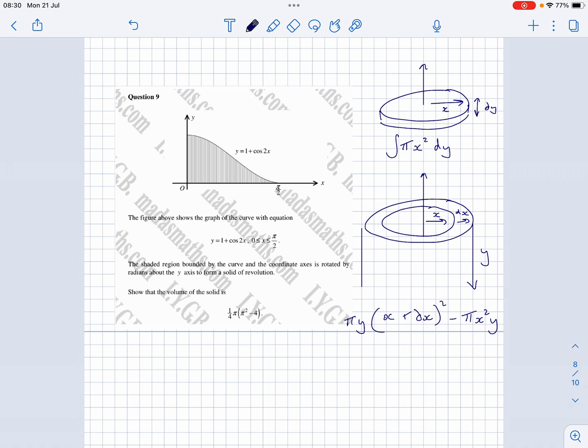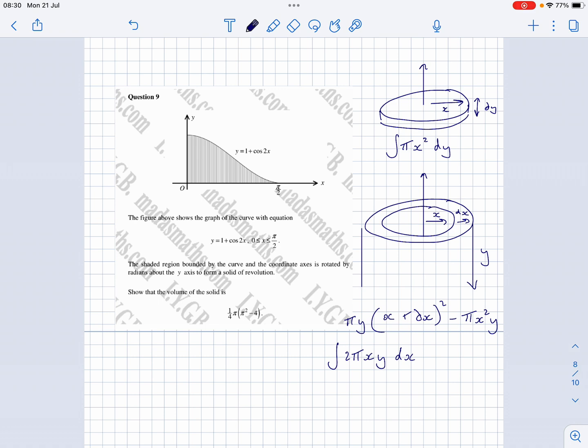Okay? Now, I've looked at the solution, and I think actually MADAS goes through and does the derivation, just to save time. What happens then is you end up with 2 pi x y dx. Okay, so that's the equivalent formula. They'll give you the same thing.